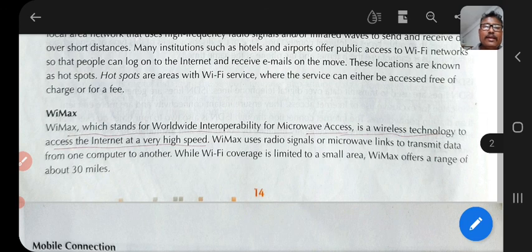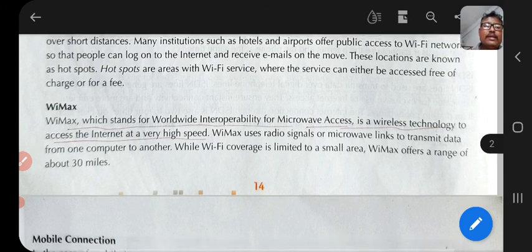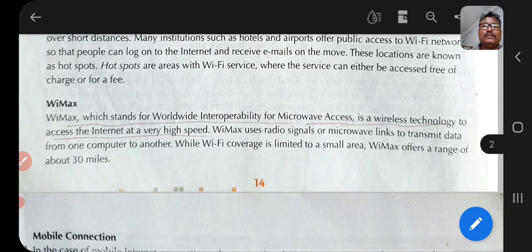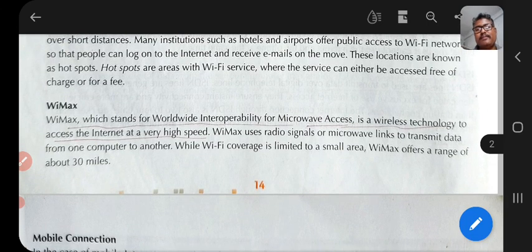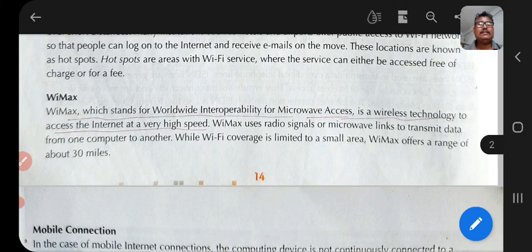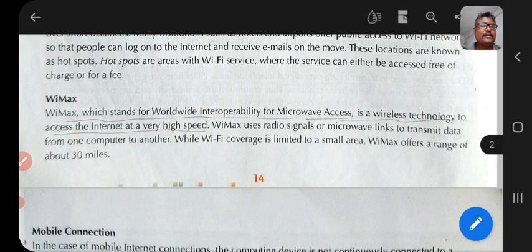While Wi-Fi coverage is limited to a small area, WiMAX offers a range of about 30 miles. So it is the same as Wi-Fi, but with WiMAX you can use the internet at very high speed, and the area is also bigger than Wi-Fi. Wi-Fi can be used in a small area, but WiMAX has a range of about 30 miles, like in metropolitan cities where they are using the WiMAX facility.